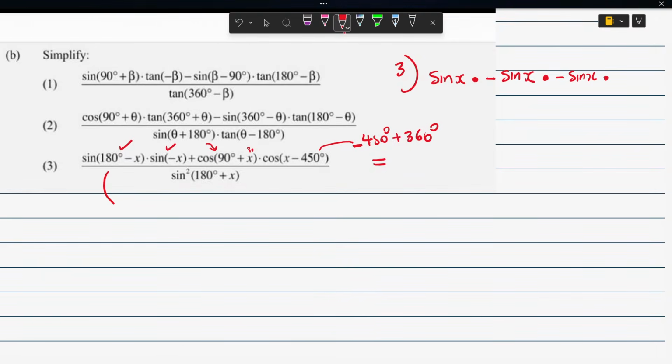When you add 360, it's going to be cos what? Negative 450 degrees plus 360 degrees. What is the answer? Just press your calculator and tell me. What are you getting? So you will see that this one is giving you 90 degrees.